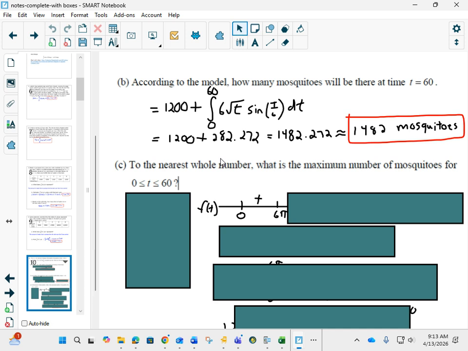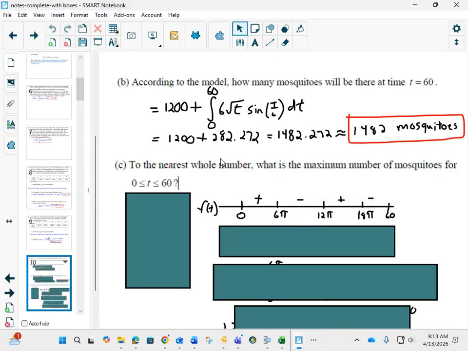What is the maximum number of mosquitoes from 0 to 60? So what do we need to find out? Do we see that this is finding a maximum, often extreme value theorem, which you have to check your candidate points.